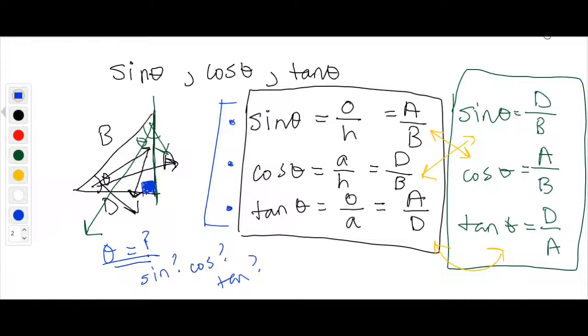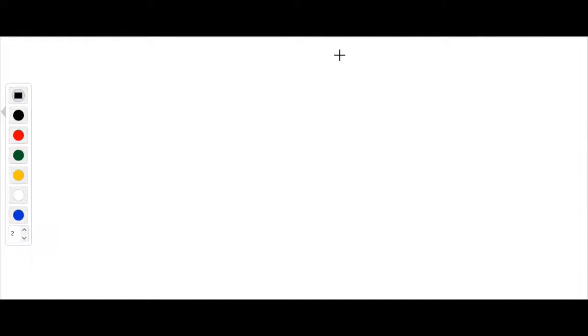Now let's clear this board. I'm about to show you something that's a little bit different than those functions. So we've already established sine of theta. But what if I were to tell you there is something that also equals sine of theta that's the inverse of that? And that is cosecant.